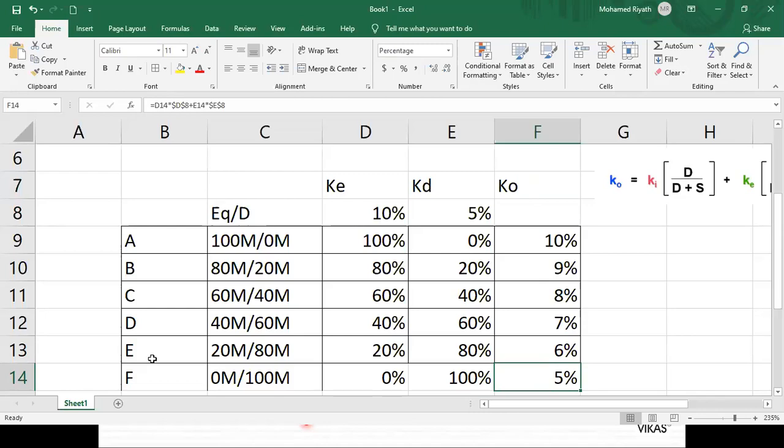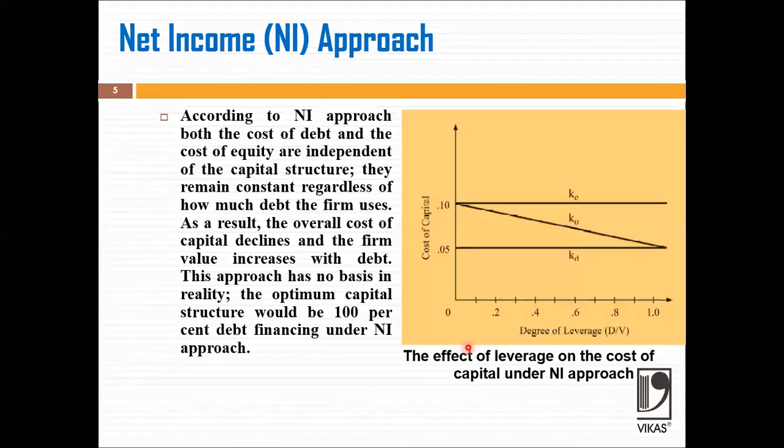Now we go to the graph. Here, at this point, it is 100% equity, unlevered firm. So KO equals what? KO equals cost of equity.